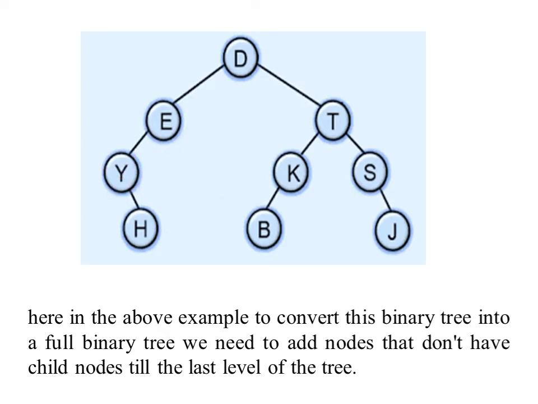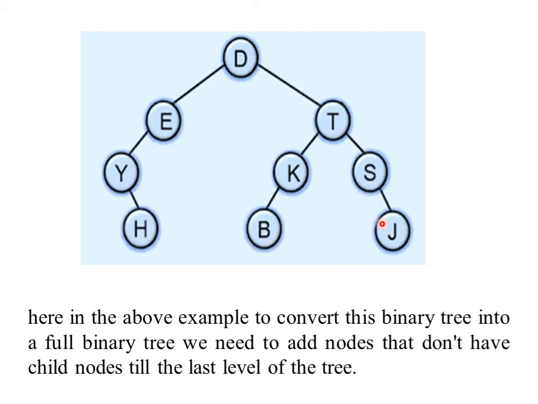Similarly, Y has only a right child and is missing its left child. Similarly, T has both children, K and S, but K is missing its right child node. S is missing its left child node.